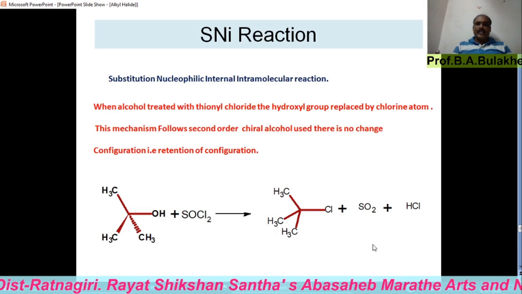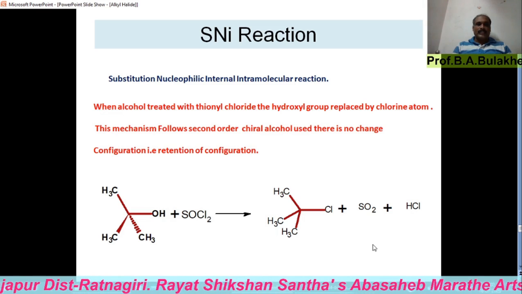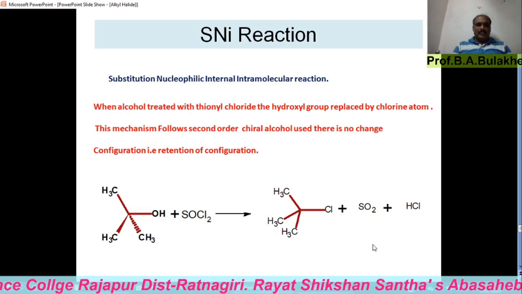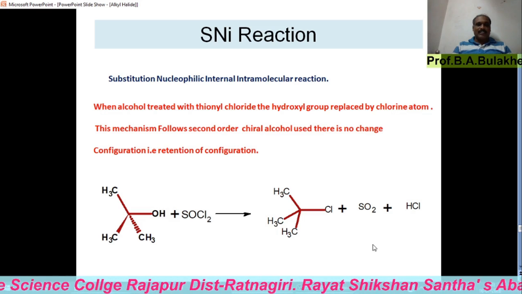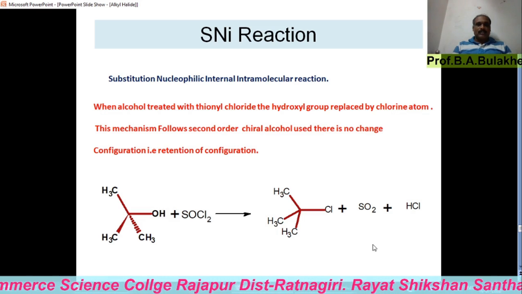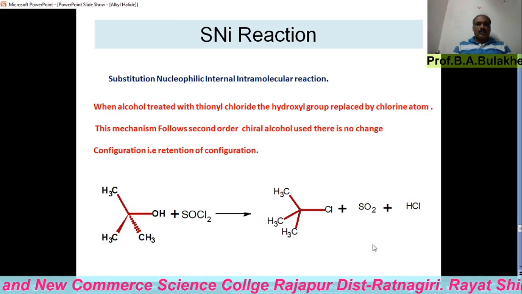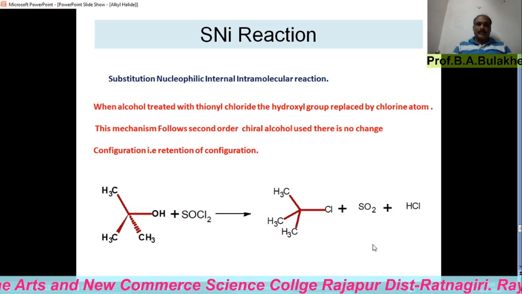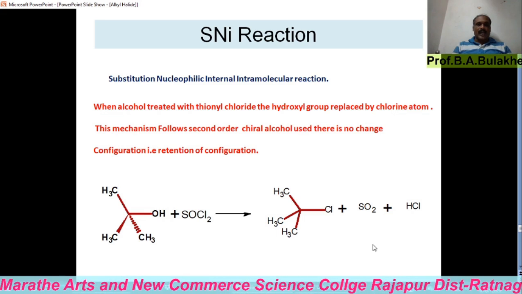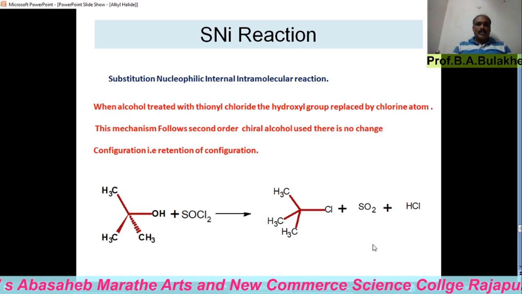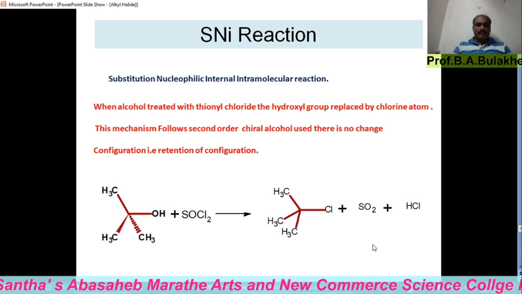This type of mechanism is called SNi mechanism. Such a mechanism follows second order kinetics. If we use a chiral alcohol, there is no change of configuration; it shows retention of configuration.